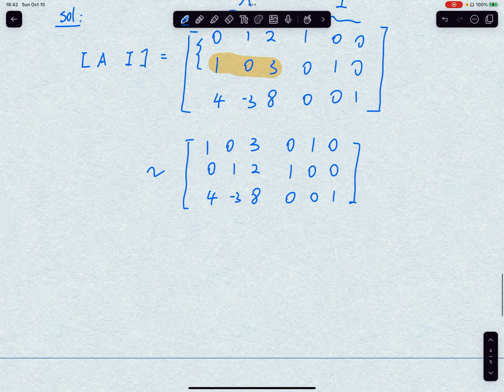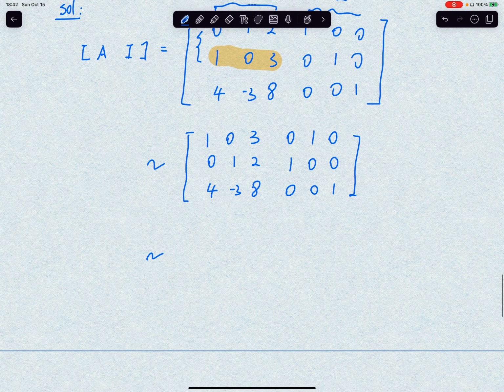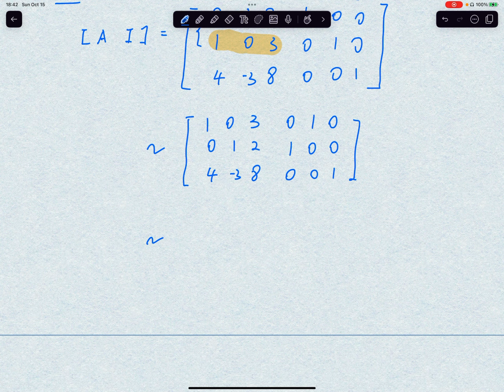Okay, so let us continue. We now want to remove the 4. So we can multiply the first row by -4 and add it to the third row.